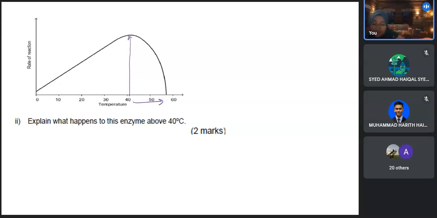So this causes hydrogen bonds or the chemical bonds within the enzyme to be broken. So this leads to the enzyme becoming denatured, and changes the shape of the active site of the enzyme, and therefore the substrate cannot bind to the enzyme. So this one you explain on the denaturing part of the enzyme.